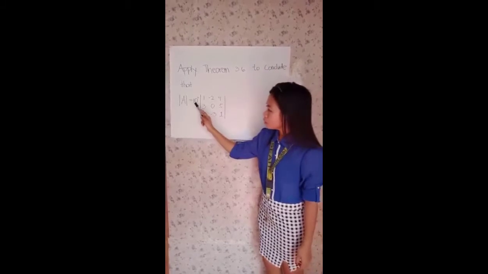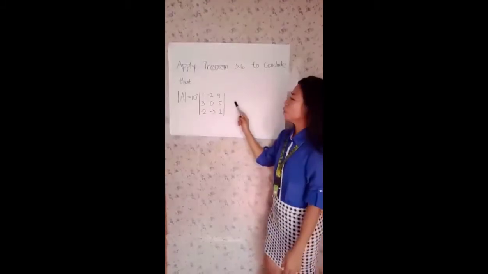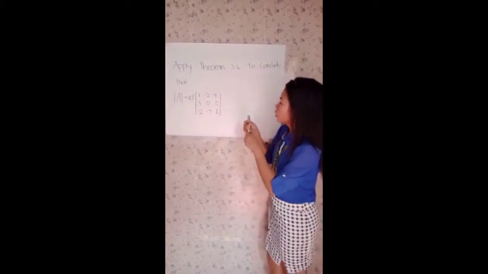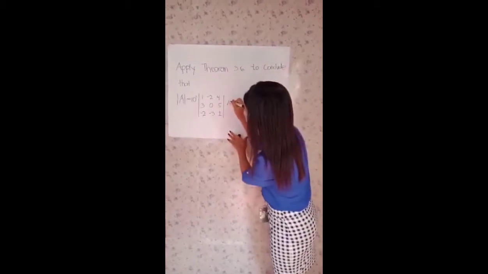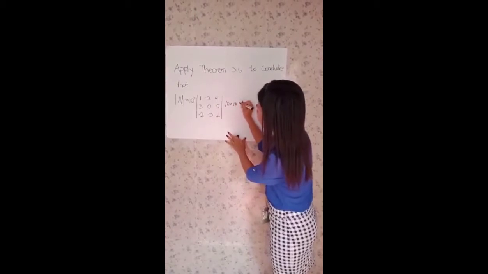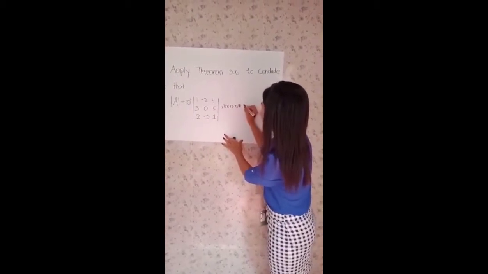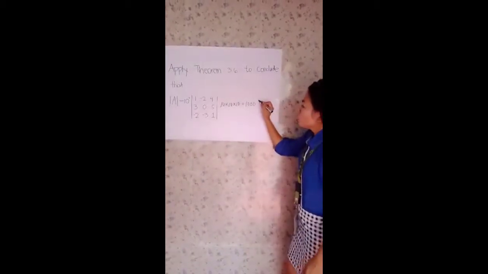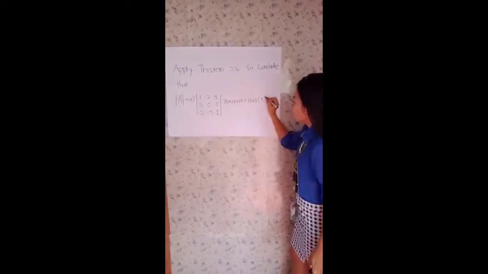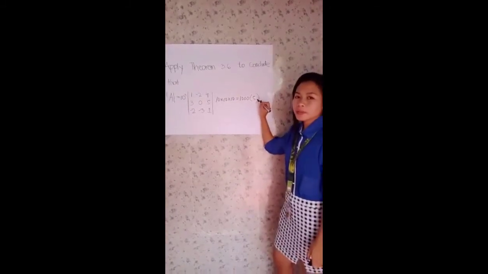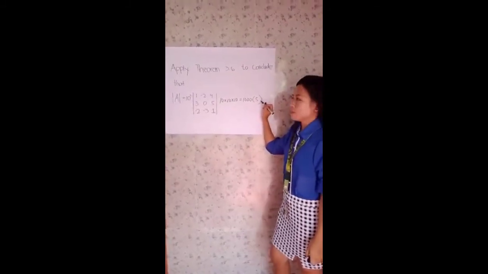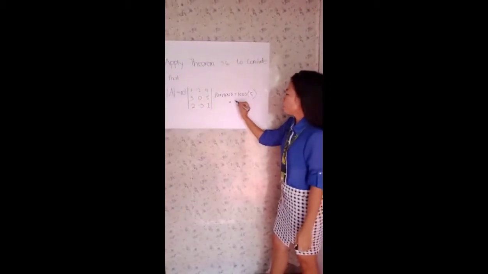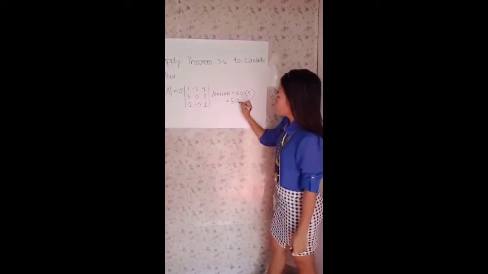So 10 raised to 3, we are going to multiply 10 by itself 3 times. So 10 times 10 times 10 is equal to 1,000. So 1,000 times 5. 5 is our determinant of the 3 by 3 matrix. So 1,000 times 5 is equal to 5,000.